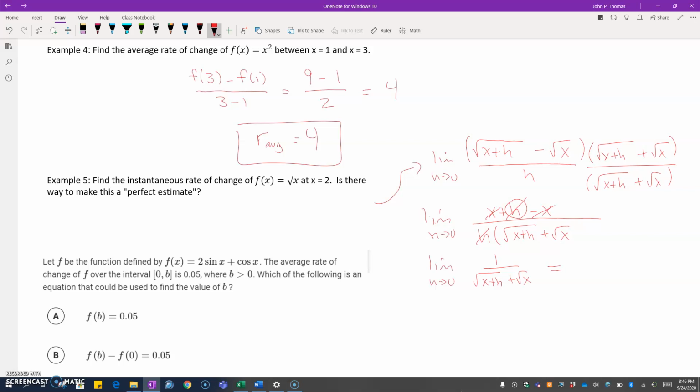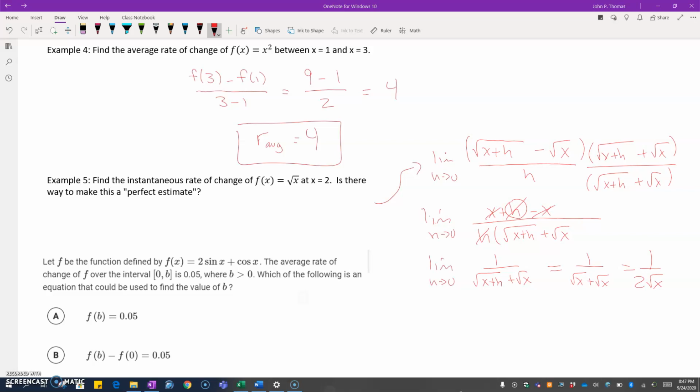And at this point, I can go ahead and use direct substitution. When I put 0 in for h, I get 1 over root x plus root x, which equals 1 over 2 root x. And in general, that's going to give me the slope of the tangent line. So this asks specifically at 2.